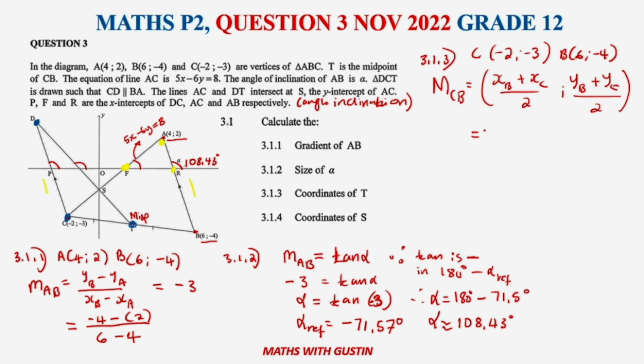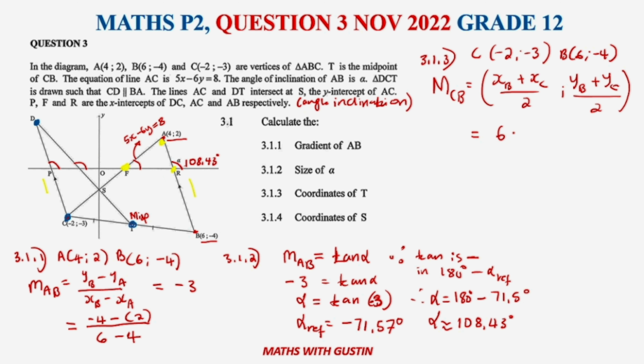Let's see, what do we have here? Okay, now I made a mistake. We're saying x at B, not this one. That's not correct. Excuse me, guys, you need to substitute correctly.